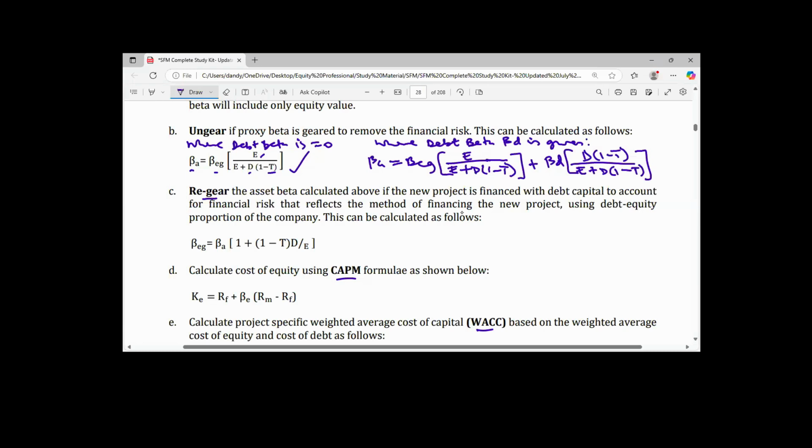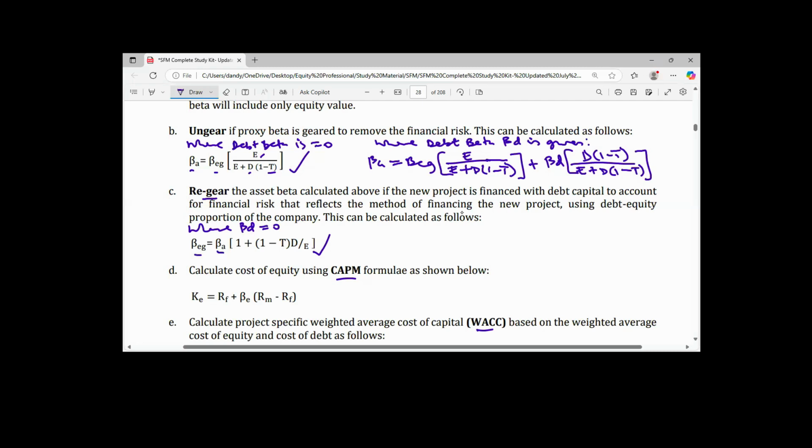So where debt beta is risk-free, where debt beta is equal to 0, this is the formula you're expected to use to regear. Beta equity of a geared company, that's what you want to calculate.